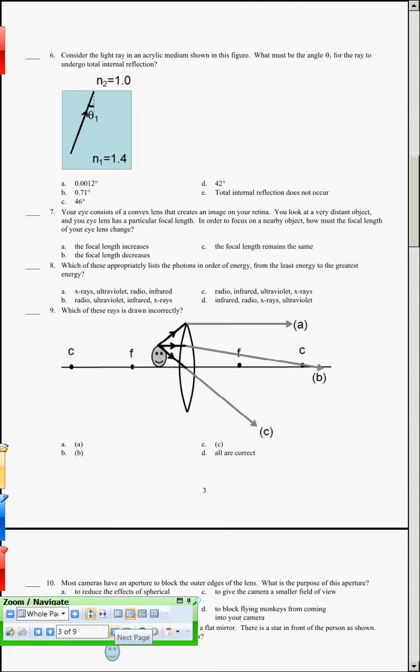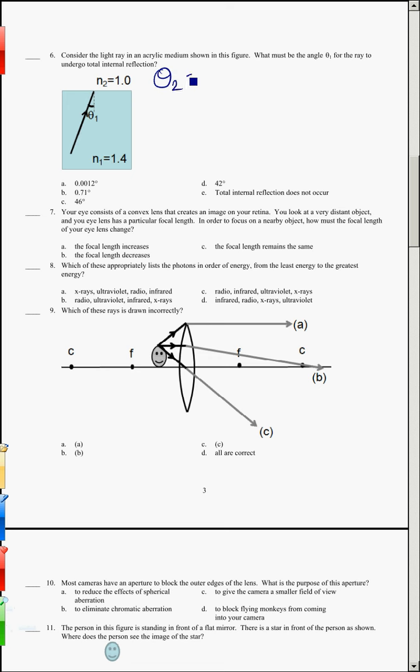Right, number 6, consider the light ray in an acrylic medium as shown in this figure. What must be the angle theta 1 for the ray to undergo total internal reflection? So I'm looking for the critical angle, and that occurs when theta 2 is equal to 90 degrees. So I just say N1 sine theta 1, that's 1.4 sine of theta 1 equals 1 sine of 90.